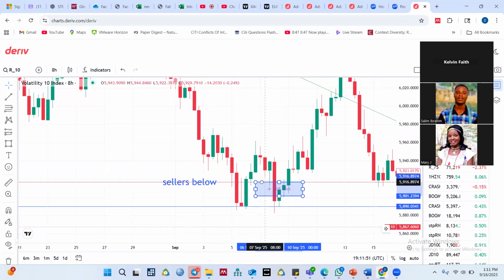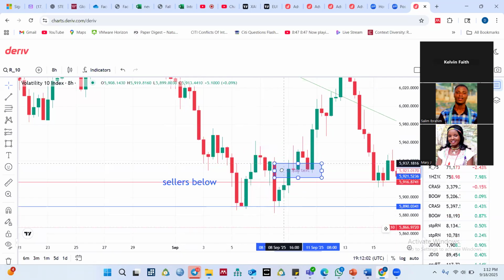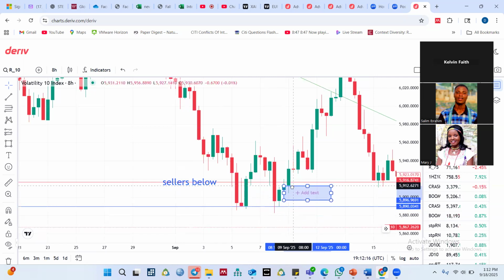The moment price came up and had another body close above the red line, what happened? We saw a move to the upside. The moment price returned and came back on the red line, rejection, which means buyers are there. Once it engulfed to be below, it pushed to the downside. As it comes above it, hits, rejects a little bit, closing above the red line, buyers took over again.